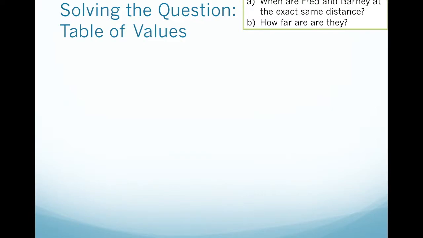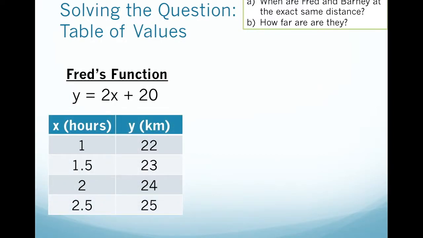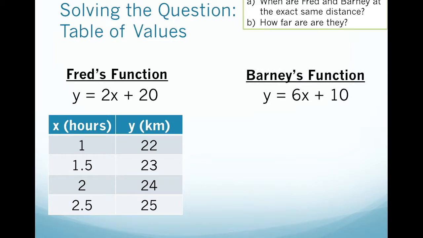We're going to solve this question using a table of values first. Now, keep in mind Fred's function. Because we're doing a table of values, let's make a table of values for Fred. So I just went up by 0.5, and you'll understand why in a second. But in the end, you'll see everything. 1 is at 22, 1.5 is at 23, and so on, in terms of hours and kilometers. Then you have Barney's function, and that is what we just found.